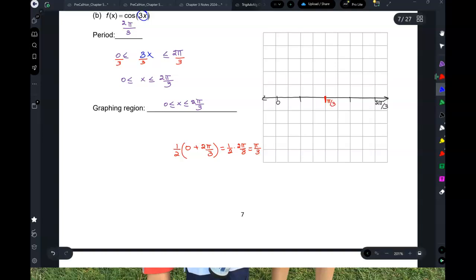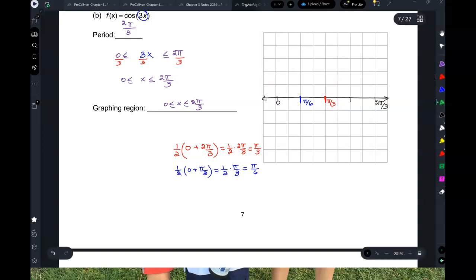Okay, now, let's do the blue one here. This is how I do it. Watch. That blue point, look at what I do. It's halfway between 0 and pi over 3. So now that's half times pi over 3, which is how much? Pi over 6.